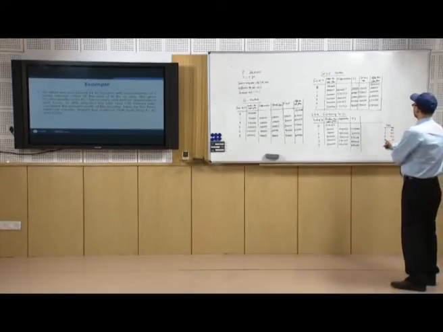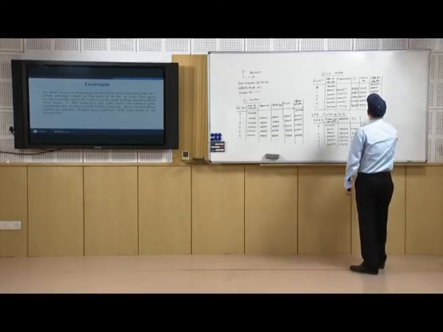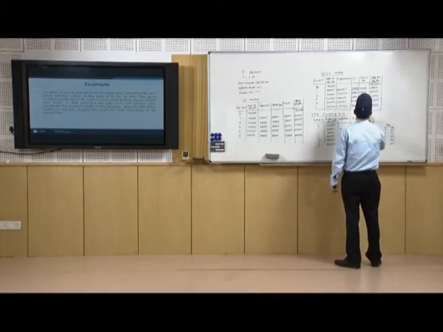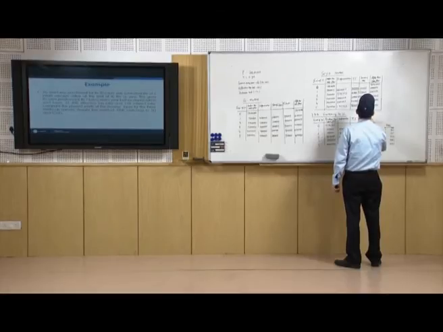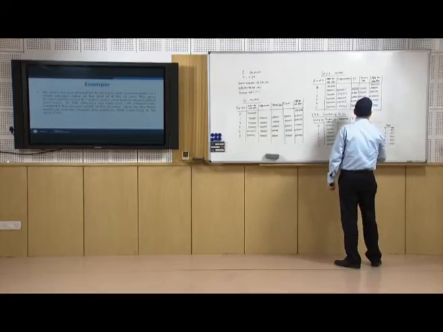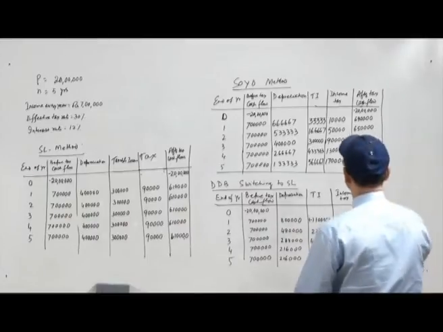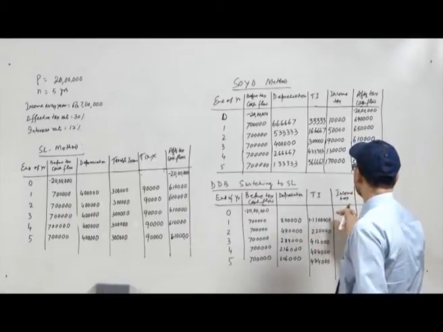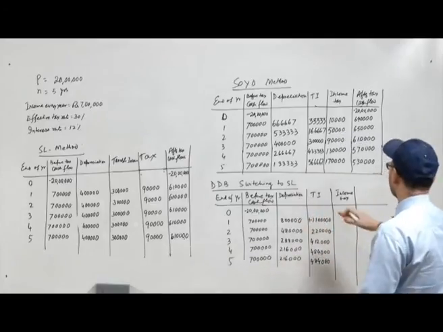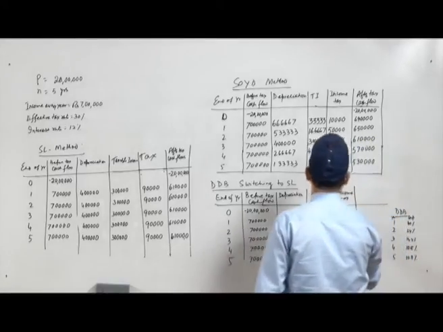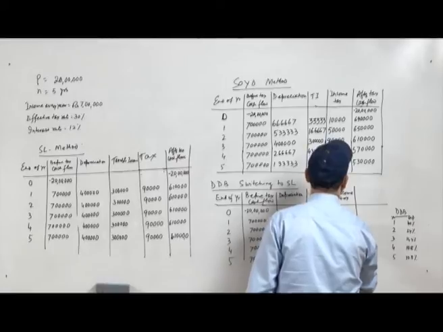So, if you look at the income tax, in this case you will have income tax saving, and if you take the tax rate as 30%, and take the same data, we have a tax saving of 30,000.